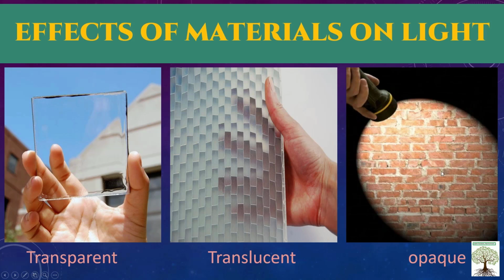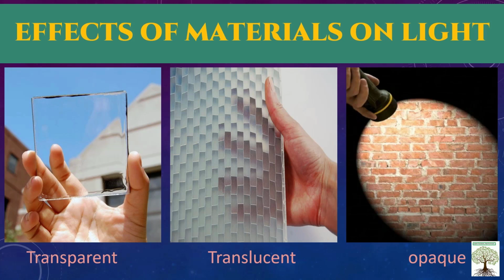The third type are opaque objects. Light cannot pass through these objects, because objects that completely block light from passing through them are known as opaque objects.